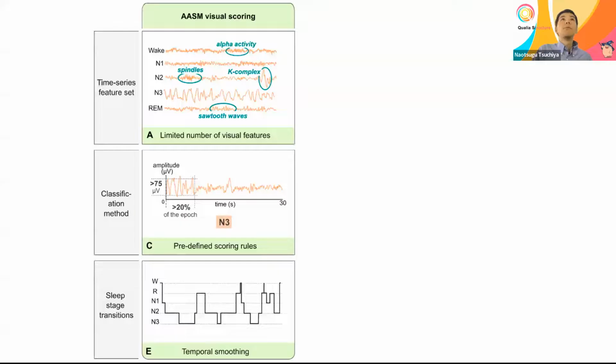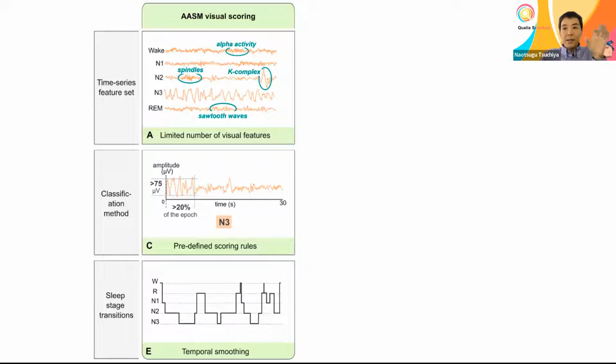Just to summarize, the traditional visual scoring method of sleep staging, which is still currently dominant, is to visually identify what is characteristic of the wake state, N1, N2, N3 and REM sleep over a 30-second period.